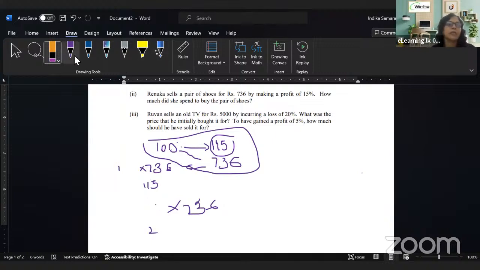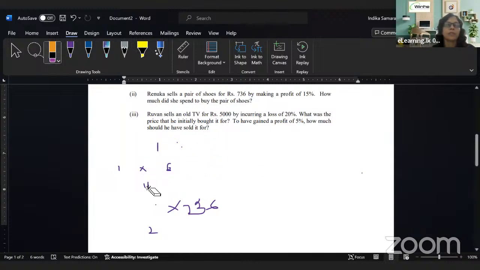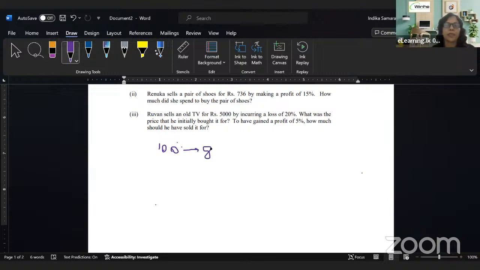Right? ඊළඟ එකේ අහන්නේ. දැන් බලන්න මෙතන එයාට loss එකක් තමයි වැහිලා තියෙන්නේ. එතකොට අපි එතෙන් ලියන්න ඕනේ. අපි එකක් 100ට ගත්තා නම් 20 loss වුණා නම් අපි විකුණලා තියෙන්නේ කීයටද? 100ට ගත්ත එකක් 80 වලට සෙල් කරොත් තමයි අපිට 20 loss වෙන්නේ. but here දැන් කියනවා එයා සෙල් කරලා තියෙන්නේ 5,000 එකට.